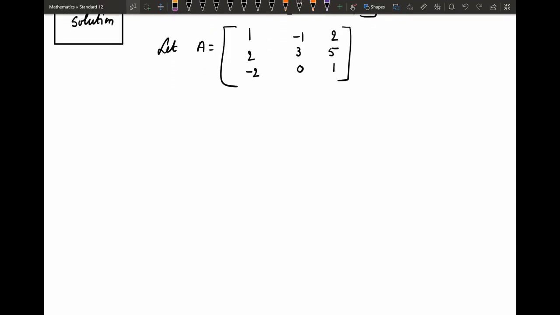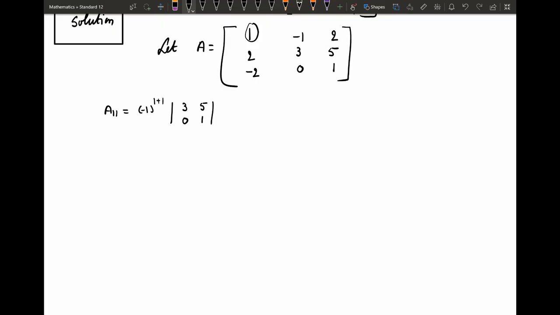Now first we will find the cofactor A11. So minus 1 raised to 1 plus 1 into the minor of 1. So the 2 by 2 determinant 3 5, 0 1 is formed by the remaining entries.